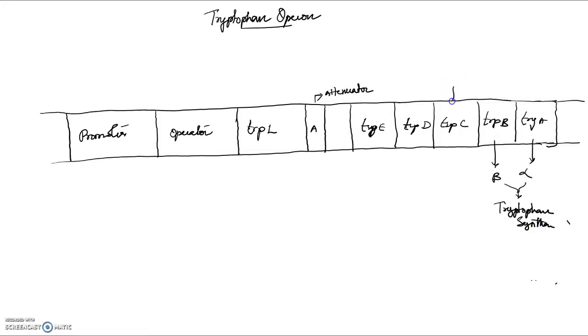Tryptophan C, this gene codes for the enzyme indole 3-glycerol phosphate synthase. Tryptophan D for component 2, and tryptophan E for component 1 of anthranilate synthase.